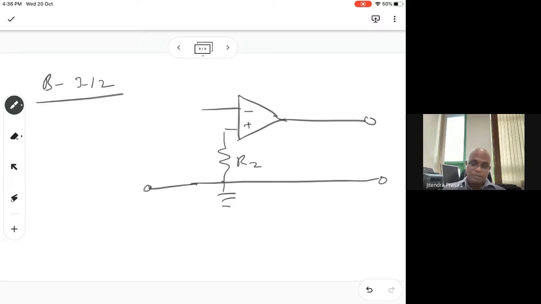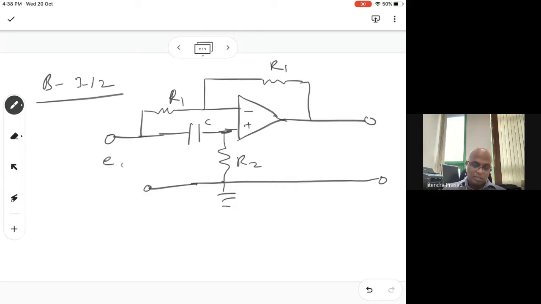Okay. Then we have a capacitor here. Then R1. Same value R1 is again there. So this is R1 again. This is C, R2, and then it goes like this. So this is EI.